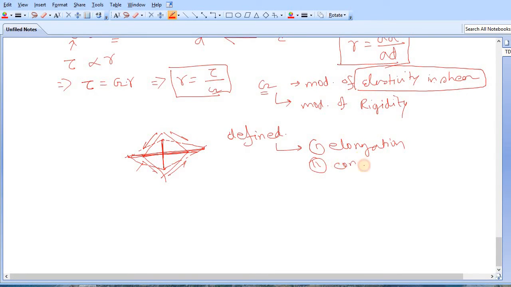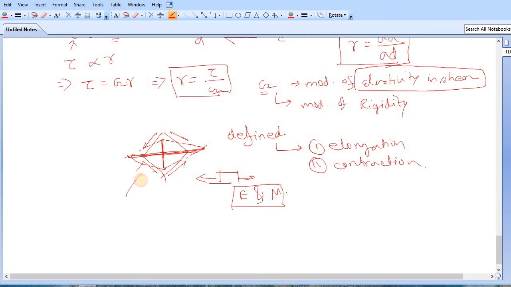Clear? Now we have already learned how to calculate the elongation of any body when it is under any stress by using modulus of elasticity and Poisson's ratio.